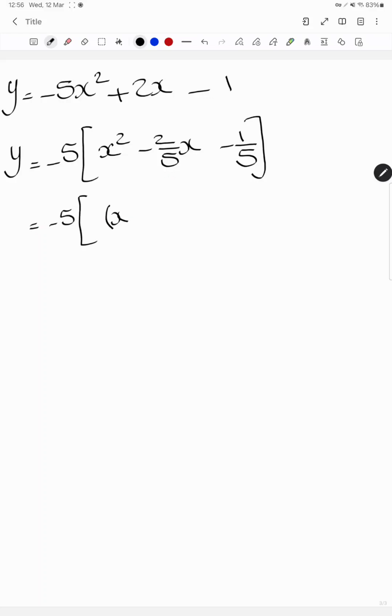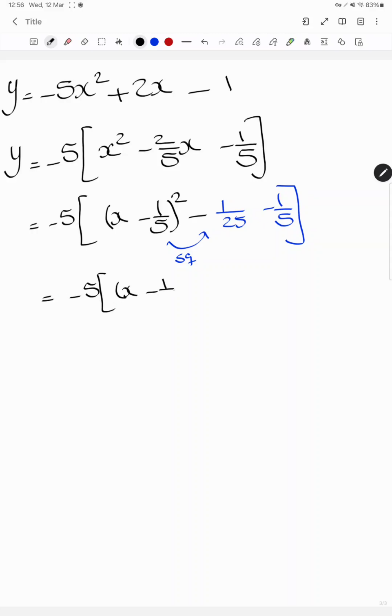Half the middle number, half of that is just that, minus the square of this value, which is 1 over 25, minus 1 over 5. If you continue with that, you have -5(x - 1/5)² and that gives you minus 6 over 25. Expand it out if you want.